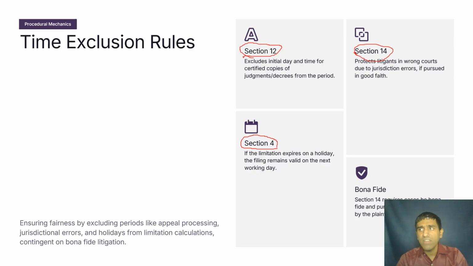So again, this is another protection that is provided under the Act. So essentially, these three rules ensure fairness, as in under section 12 it is understood that if you want to file an appeal, or a review or revision of a case, then obviously you need the judgment.